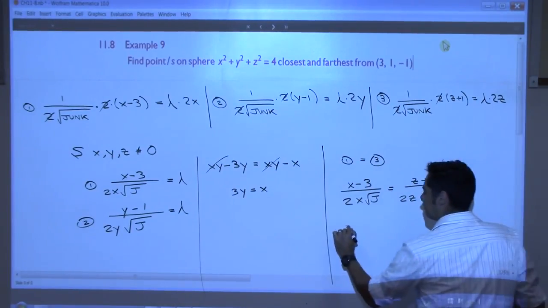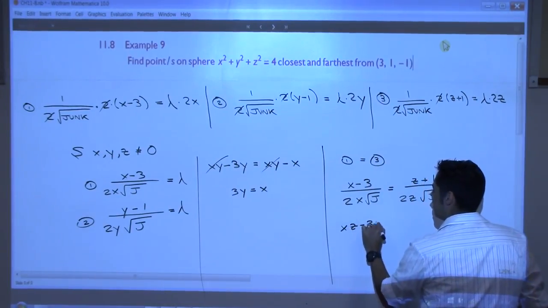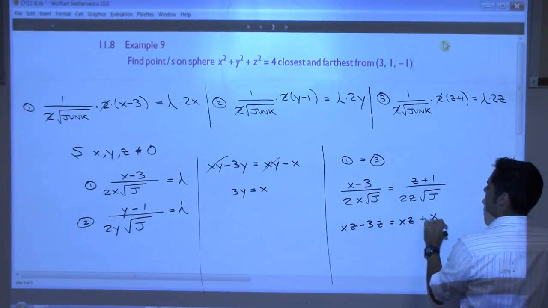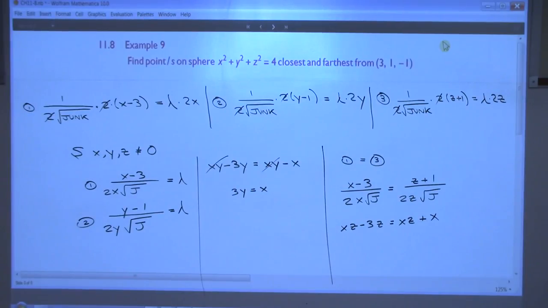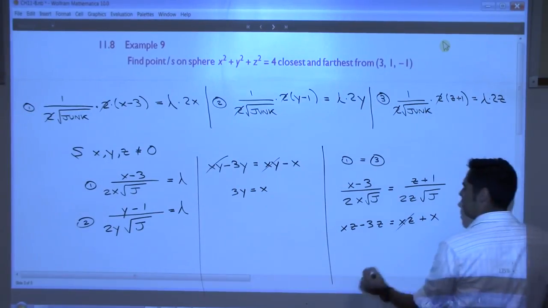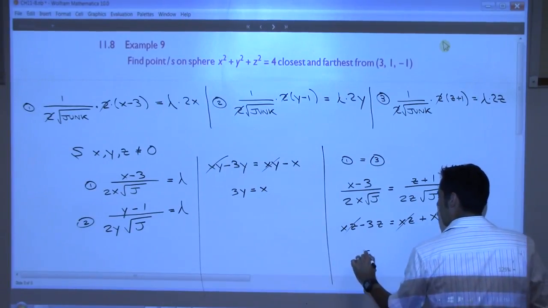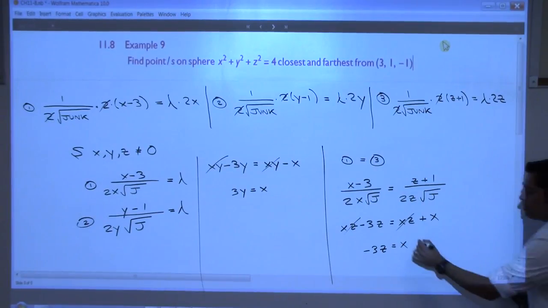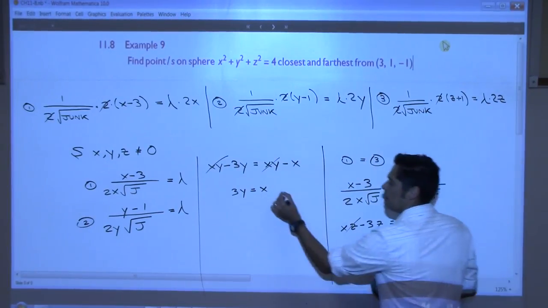You should get xz minus 3z equals xz plus x. Y'all understand what I'm doing there? Okay, xz's cancel. You get negative 3z equals x. Now I have a relationship between x and z, don't I?